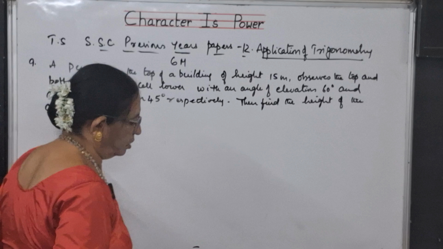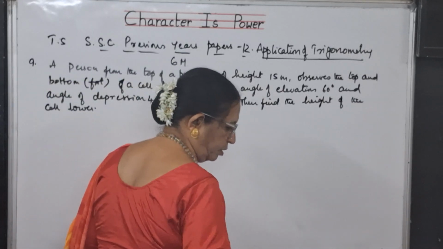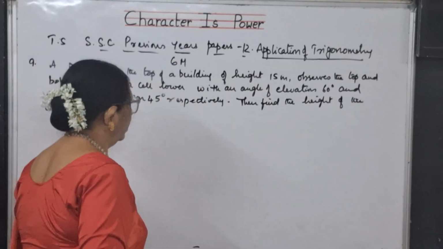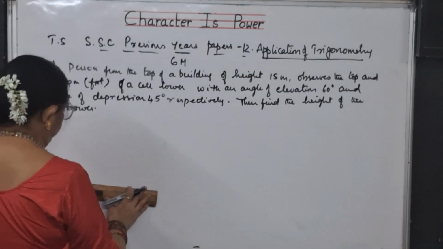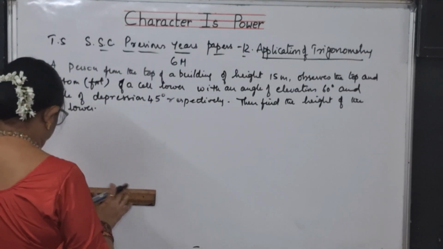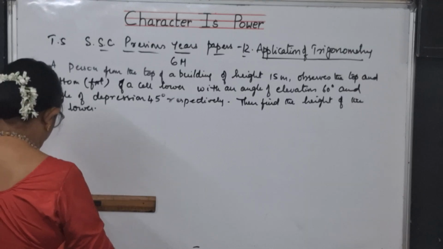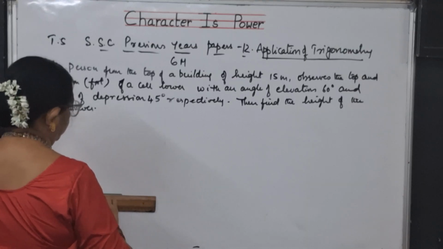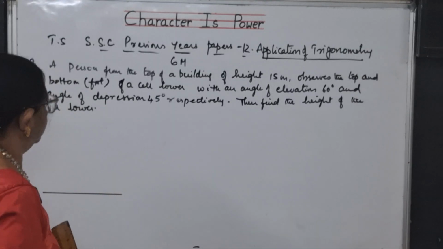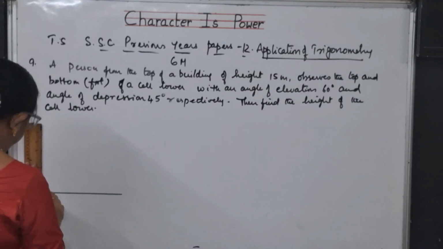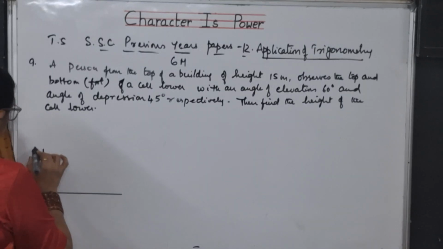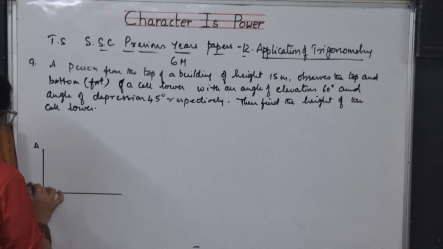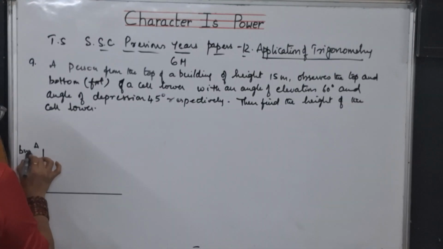Now what is the question? A person from the top of a building of height 15 meters. So this is the base. There is a building. Let me consider A and B. This is a building.